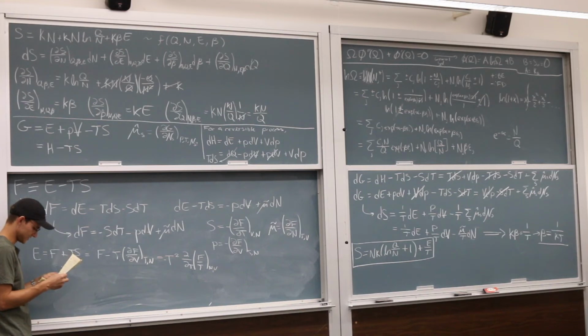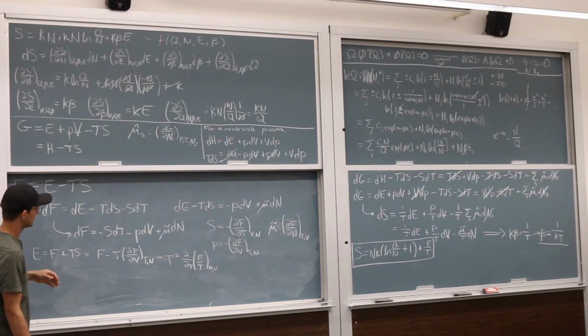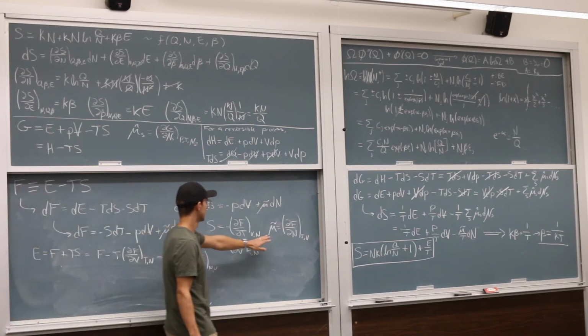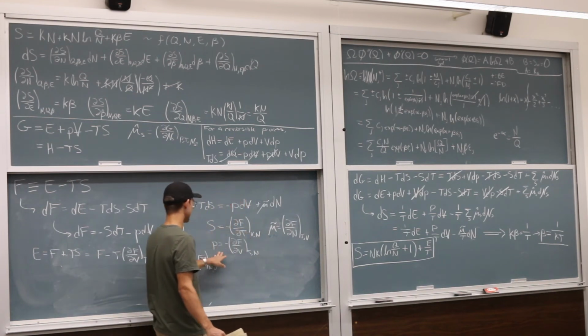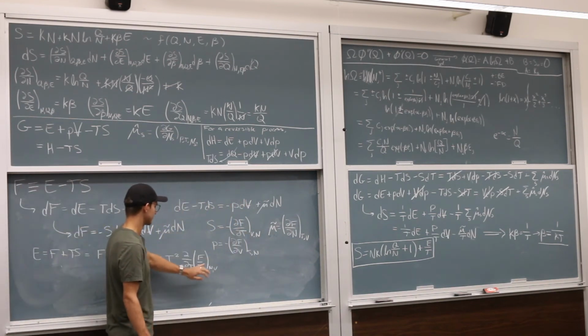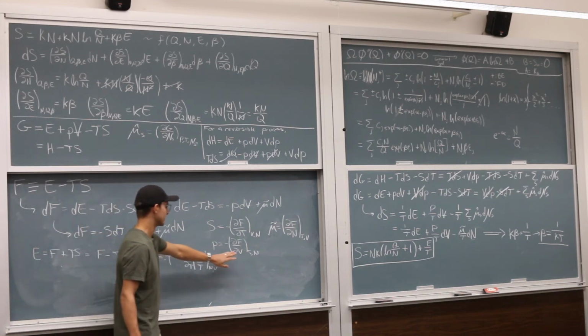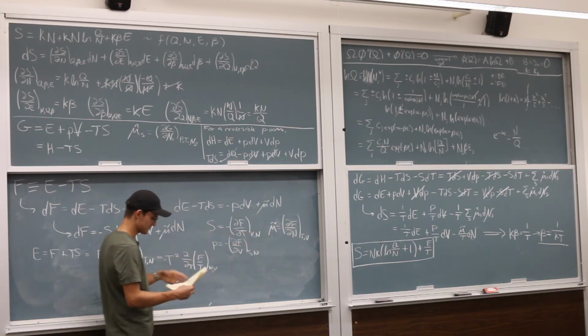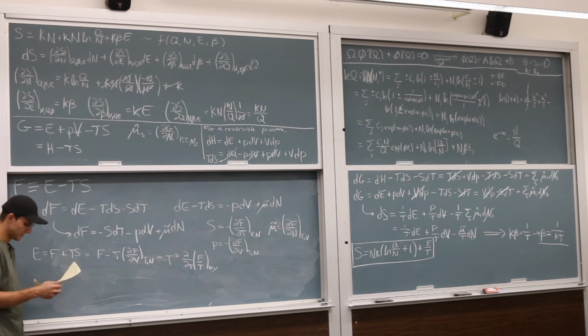So now we have the entropy, mu, the pressure, and the energy in terms of derivatives of F with respect to T and other variables like V and N. If we know what F is as a function of T, V, and N, then we're good to go.